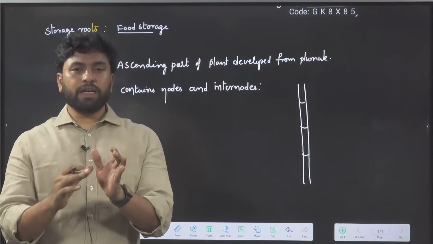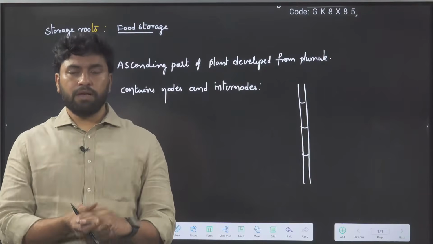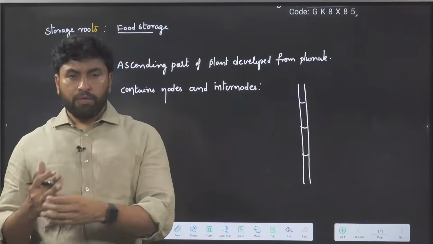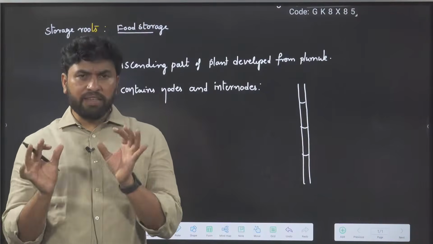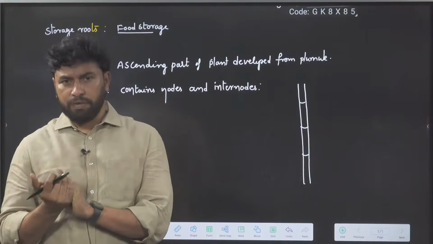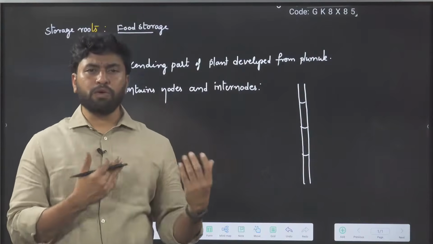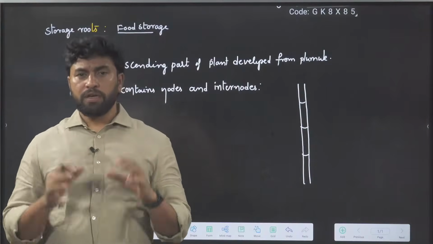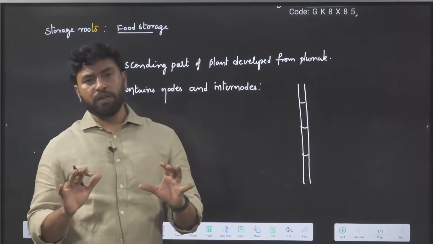But if you take a dicot, for example a neem plant, where do you say exactly there is a node? Does it mean that those plants do not have nodes? Definitely, all stems have nodes.